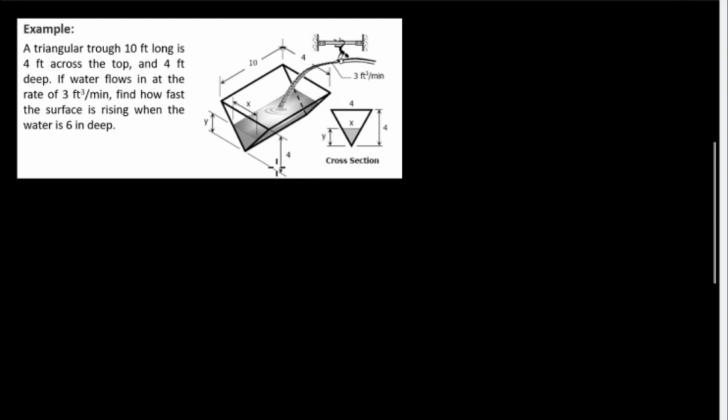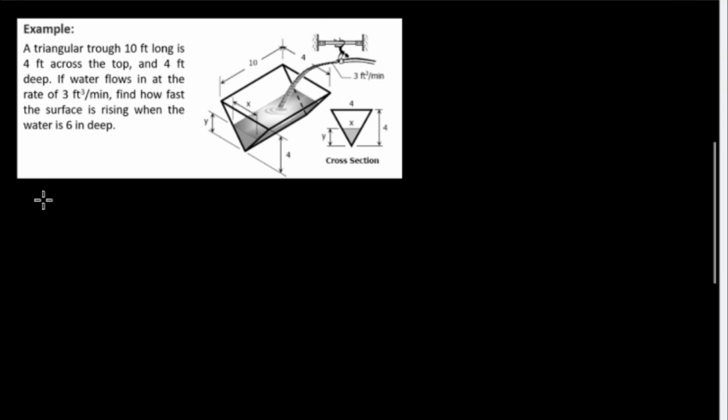The water is flowing at a rate of 3 cubic feet per minute, and we need to find how fast the surface is rising when the depth of the water, y, is 6 inches.